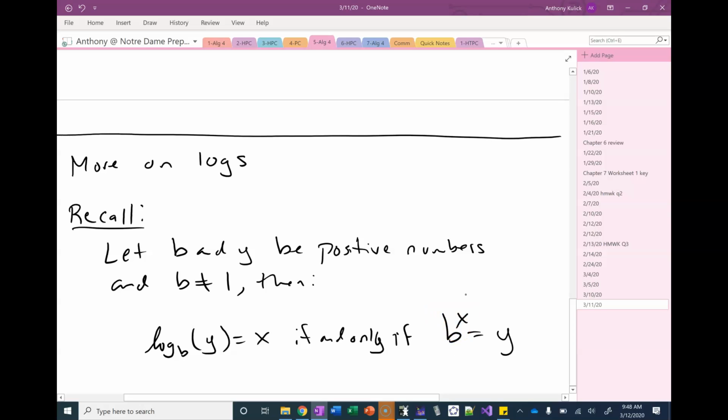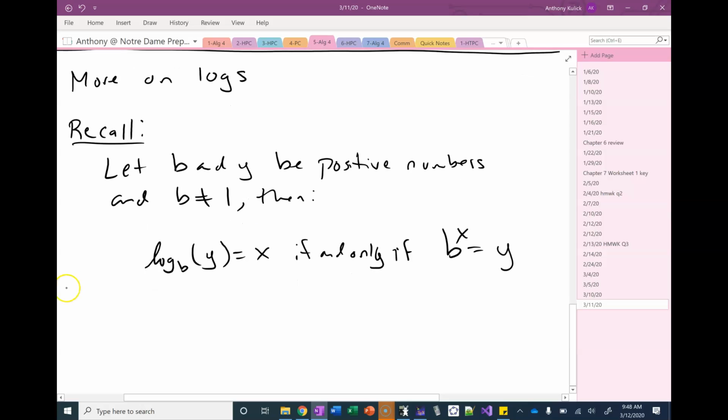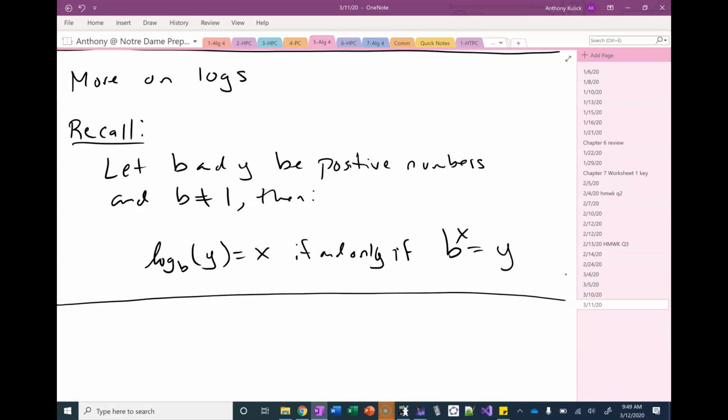If b and y are positive and b is not equal to 1, then we know that log base b of y is equal to x if and only if b to the x is equal to y. So we're going to continue to use this definition today. That's why I wanted to write it down again, just to make sure that we remembered this.